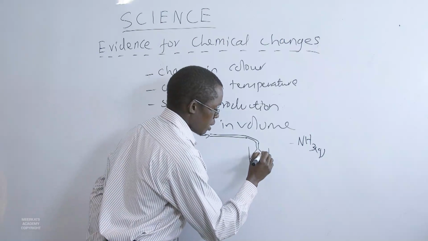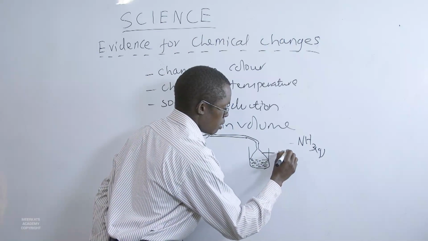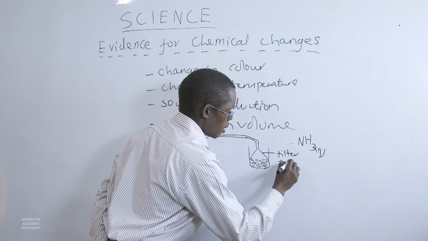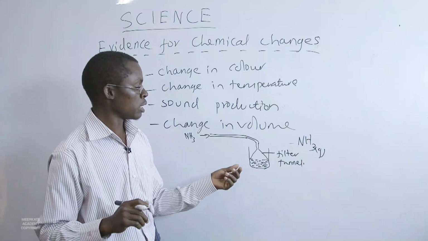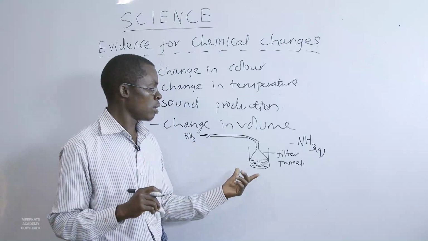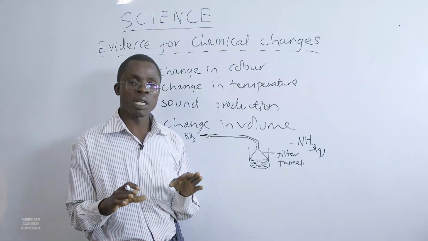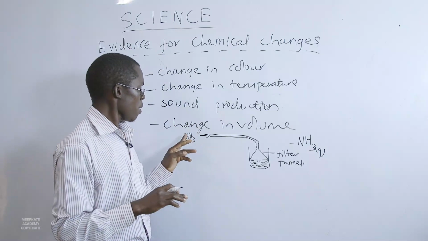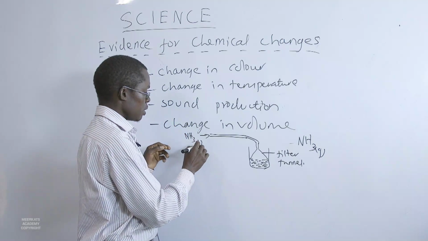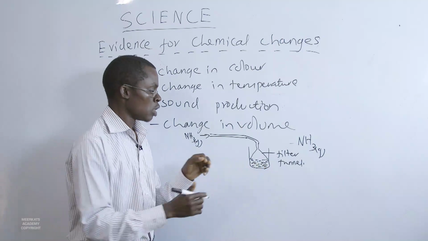This is a filter funnel. And the filter funnel has 2 functions. One is to increase the surface area onto which the ammonia gas will be dissolving in this water.